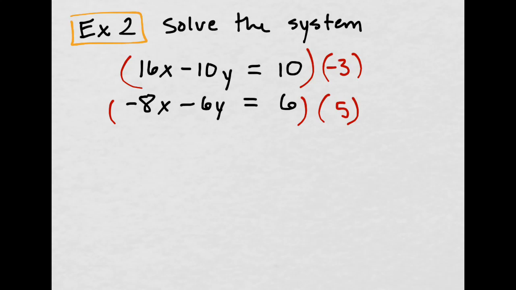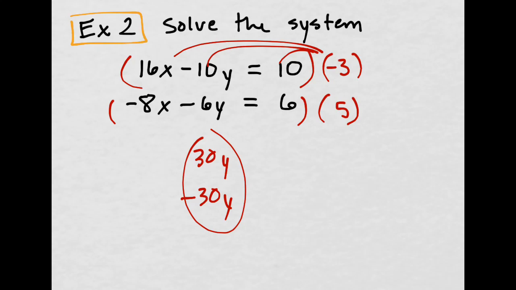Because then I would get, in the top, positive 30y, and in the bottom I'd get negative 30y. But then I also have to distribute to the rest of them. In this case, it would work. These would cancel. That's how you would do that. But it's a little bit more work because I have to multiply both equations by a number.